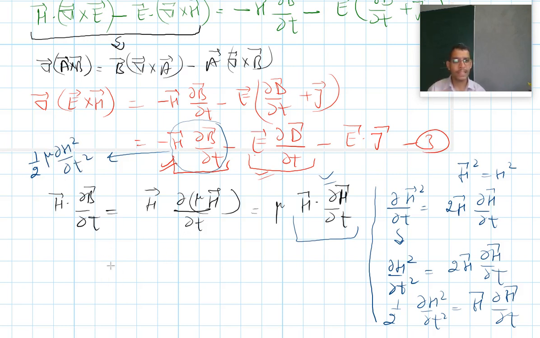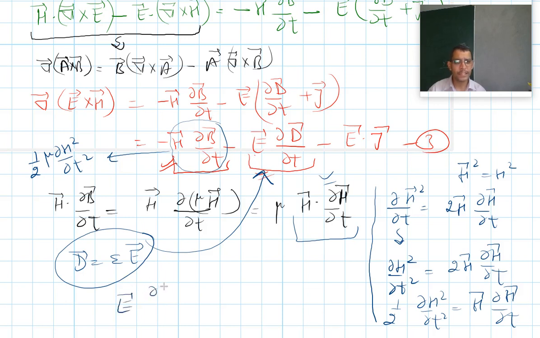And similarly, as we know that D is equal to epsilon E, if I use this here, in a similar fashion E curly D over curly T can also be written as 1 by 2 epsilon curly E square over curly T. It can also be written in this way, right?